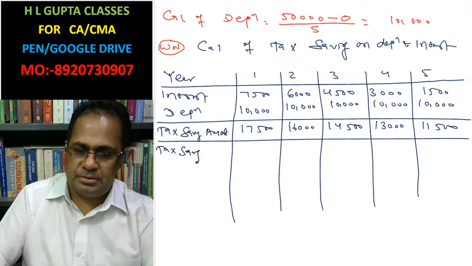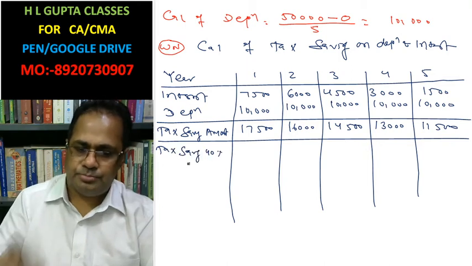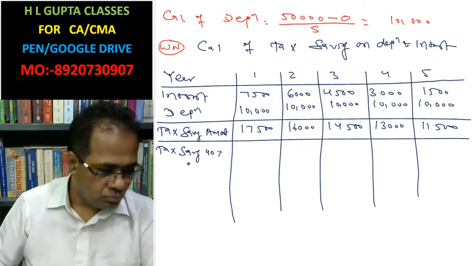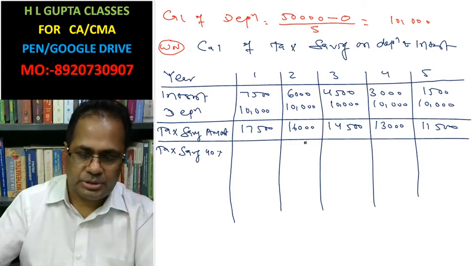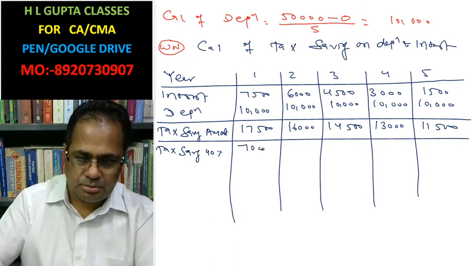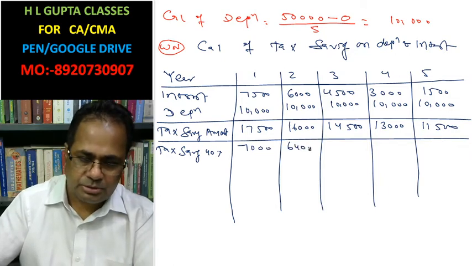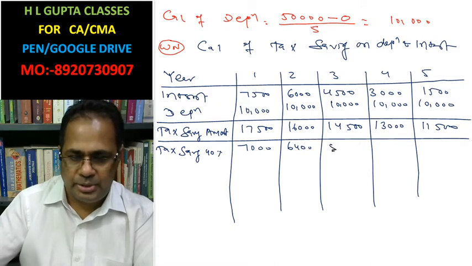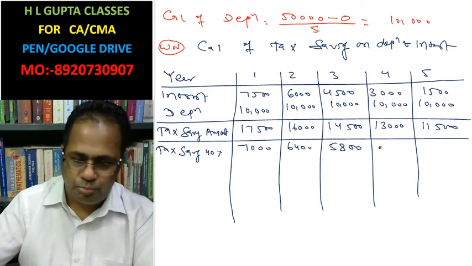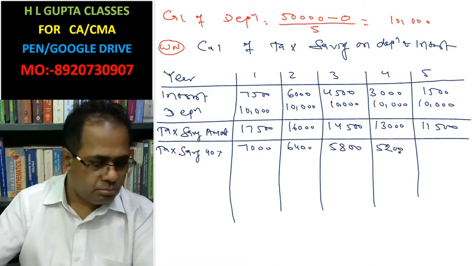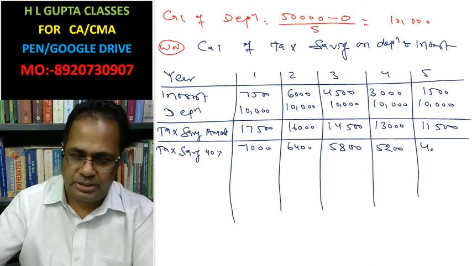Tax saving at 40% is 7,000, 6,400, 5,800, 5,200, 4,600.